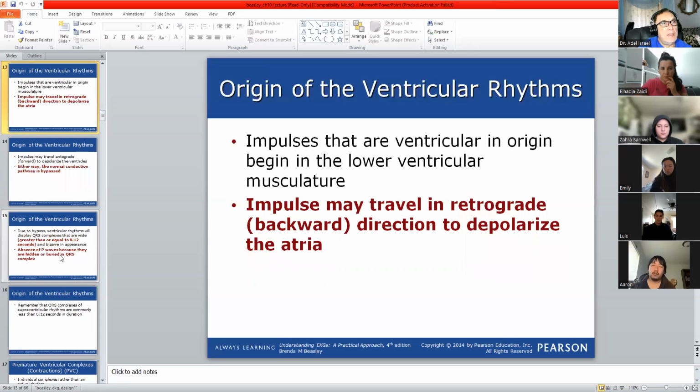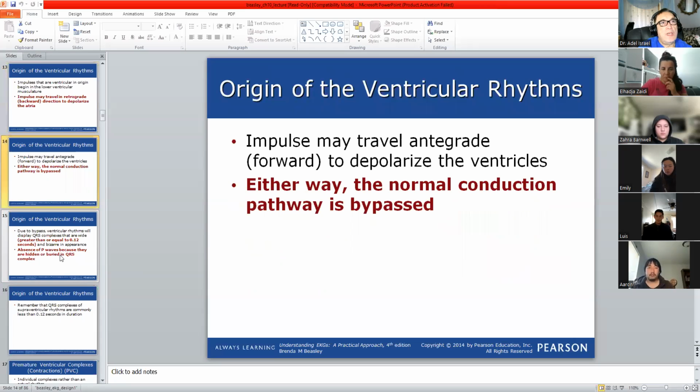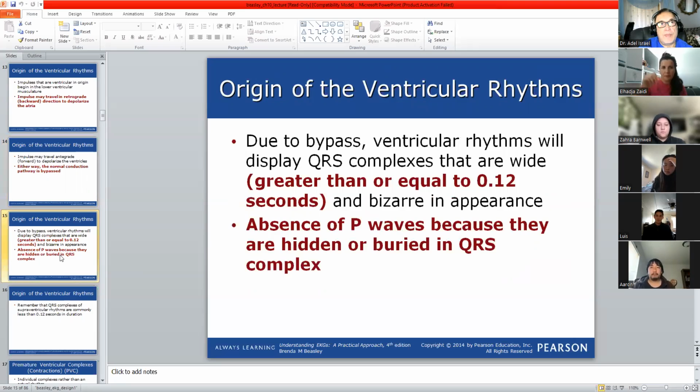What we need to understand for this one is the QRS character. What is the QRS character? We know that the normal QRS should be less than 0.12.